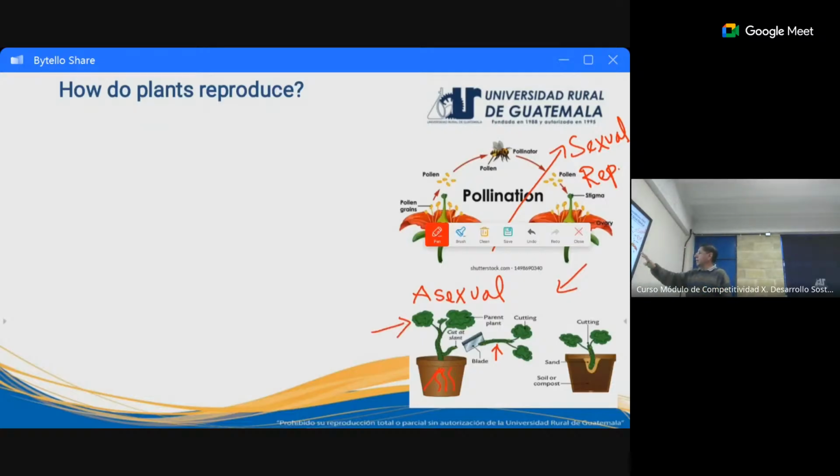And after this, we are able to plant this part of the parent one into a new place with soil or sand, and we will get a new plant. And this one will be like a copy of the parent plant that is called a clone. A clone from the parent plant.